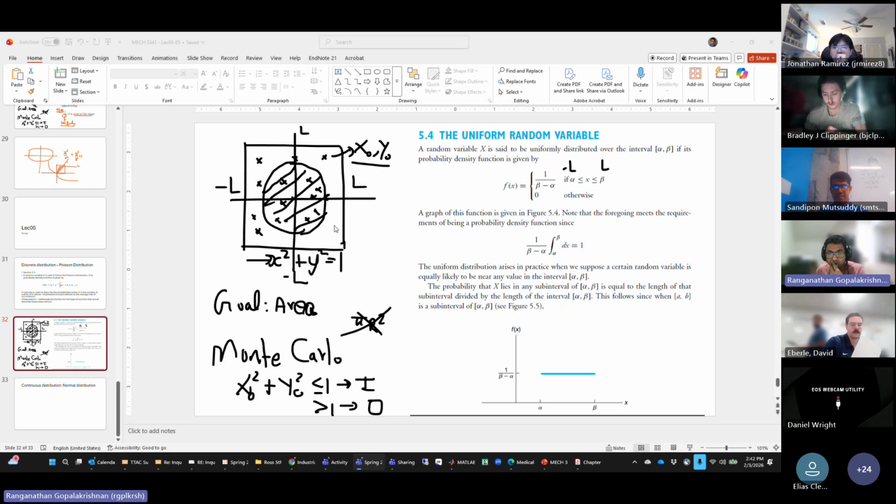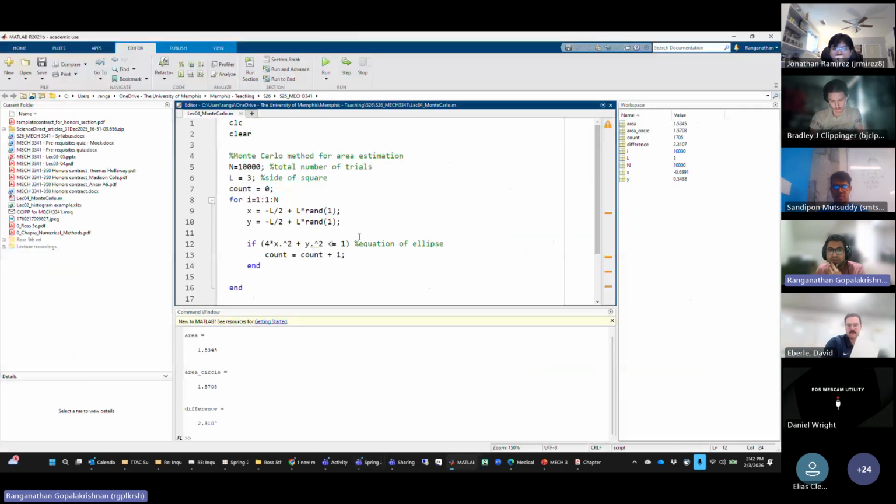Did you all try using this MATLAB code that I posted and try playing with it? Would any of you be willing to speak or say what you learned by playing with the code? Or what you tried, what came out of it?